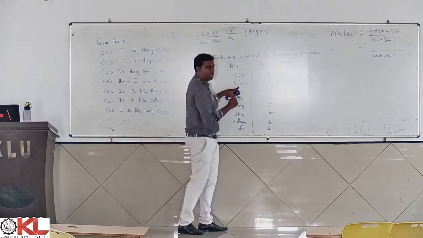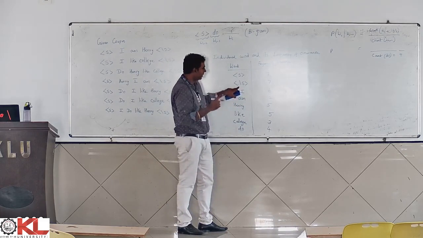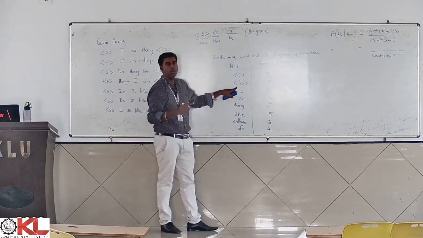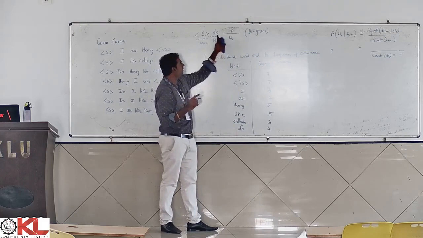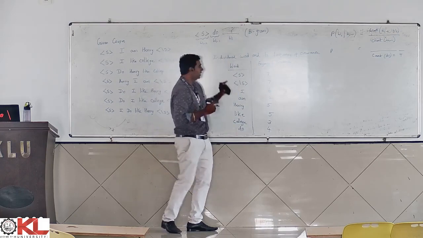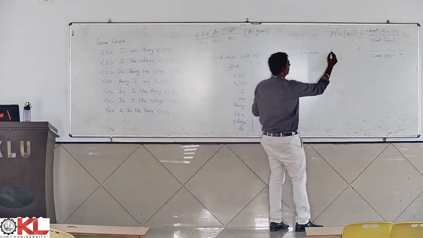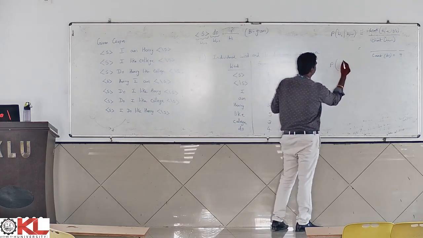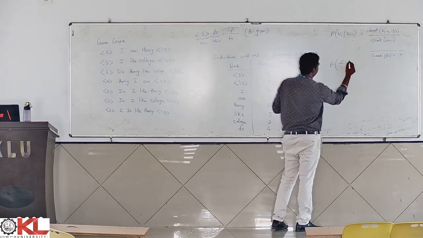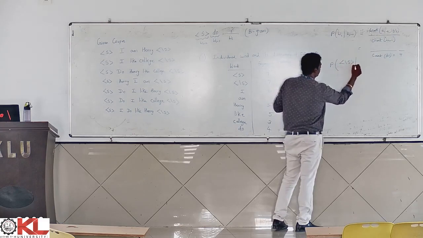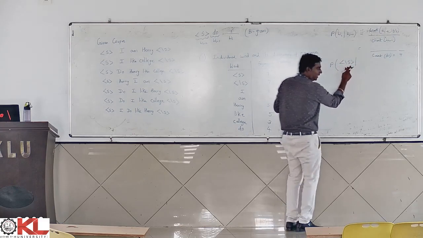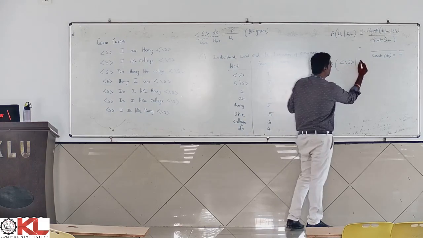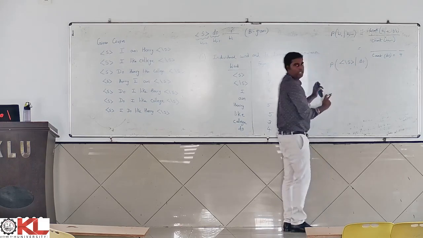I am going to check the probability of how many times the end of the sentence repeats after the word do. So I am substituting in the given formula: the probability of occurrence of the end of the sentence after the given word do. This is what I am going to find out.